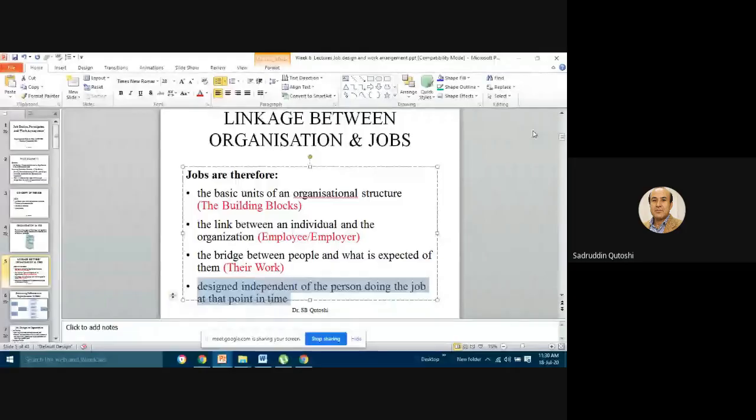Basically, how we design a job in an organization depends upon the organizational mission, not the people you are looking to hire. Because an organization has a particular nature, and it has to achieve certain goals, and looking at those goals, you have a particular mission.